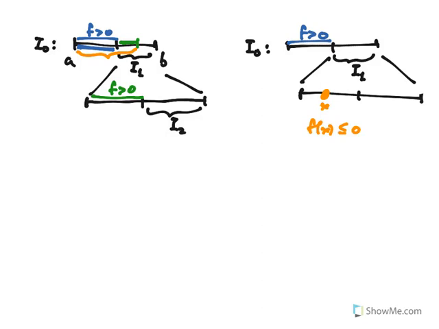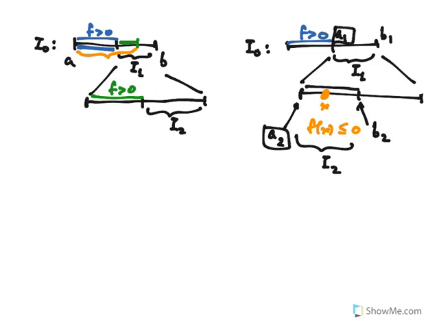In that case, we would have chosen I2 to be this half. And so a sub 2 would be the same as a sub 1. I1 goes from a1 to b1, and then I2 goes from a2 to b2. But a2 and a1 would be the same in this case, because it's this half.